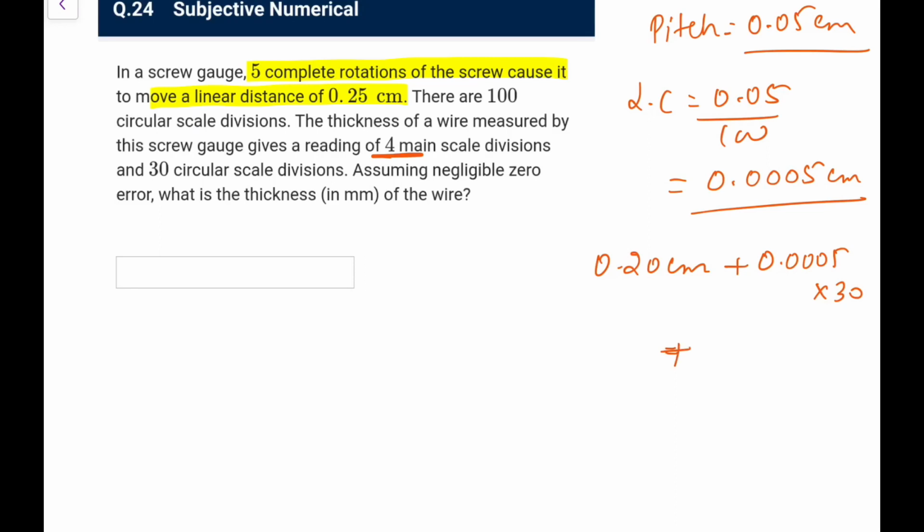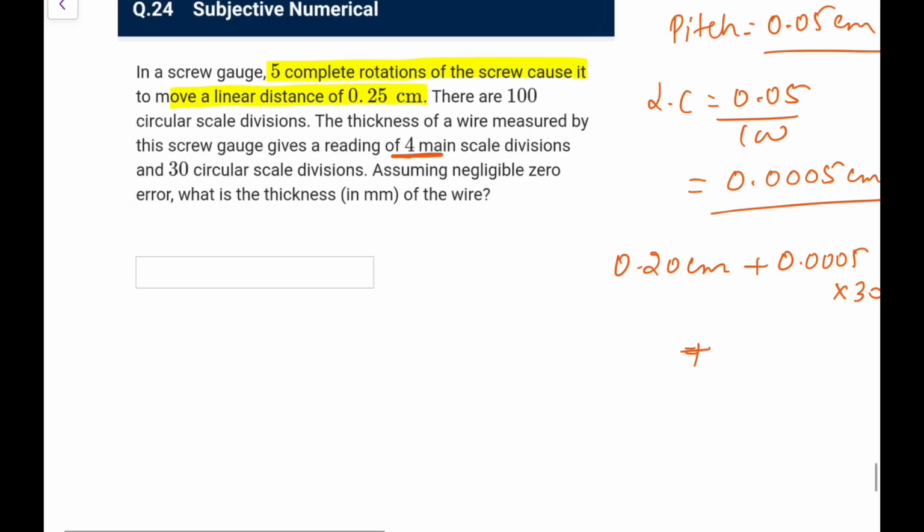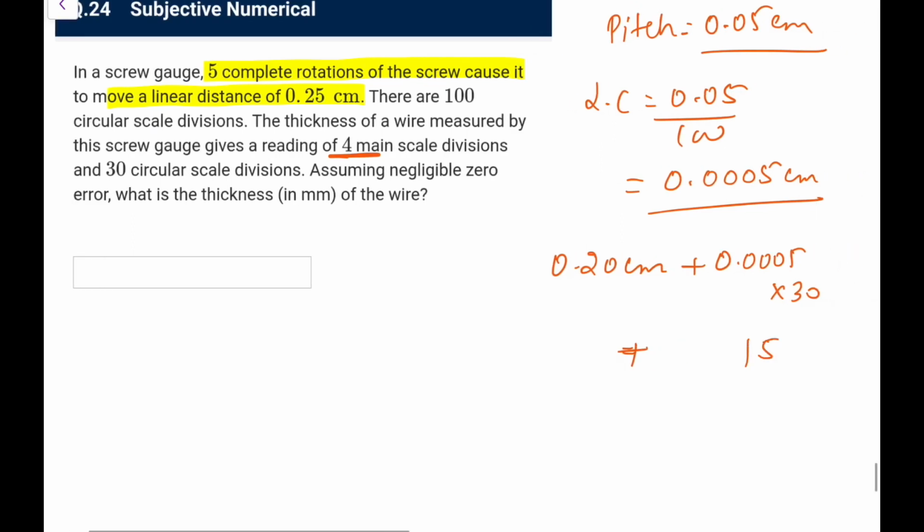So this comes out, this is 30 into 5, so 5 3s are 15, and the decimal point will be shifted, so it would be 30 times 0.0005, which is 0.015. So 0.20 plus 0.015, that is 0.215.